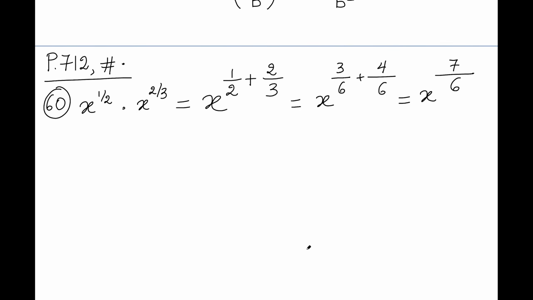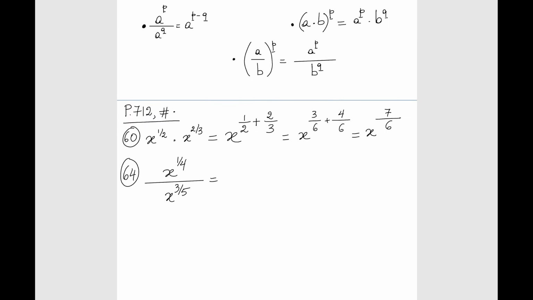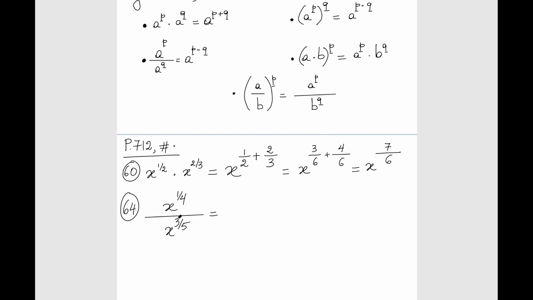All right, let's do 64. 64 is the quotient x to power 1/4 divided by x to power 3/5. Okay. Well, this is a quotient of two exponential expressions with the same base, so it's of this format.